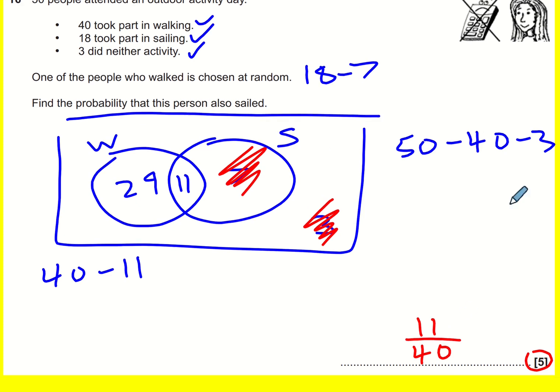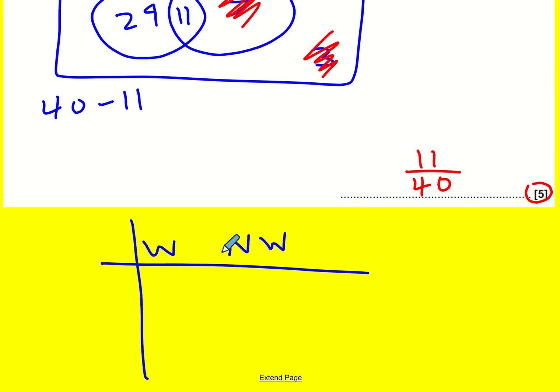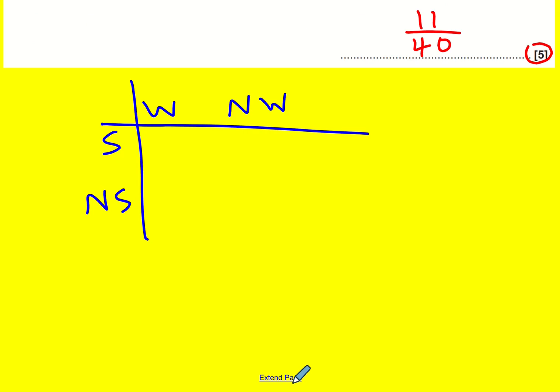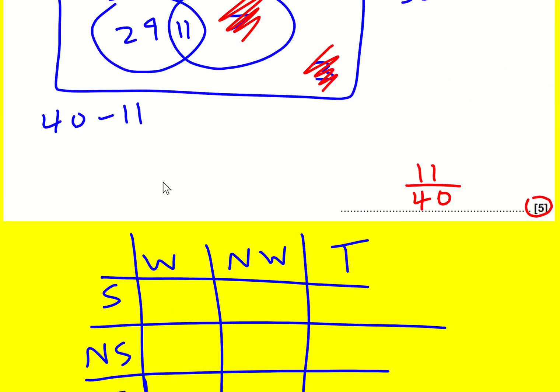Now, that's one approach. I'm just going to quickly talk about another approach, and that is a two-way table, because you could have them walking and not walking along one column, and then sailing or not sailing along the other. And this is an effective approach as well. And then I'll have the total here and the total here, and I can fill this in.